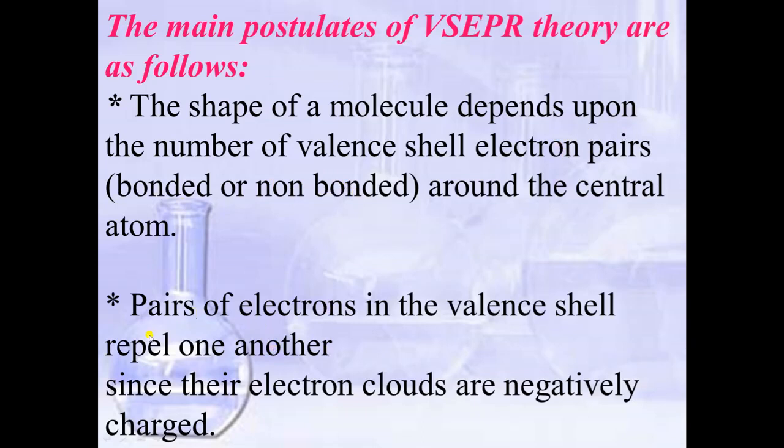The next point is that pairs of electrons in the valence shell repel one another. Why? Because they are negatively charged, and same charges repel each other.